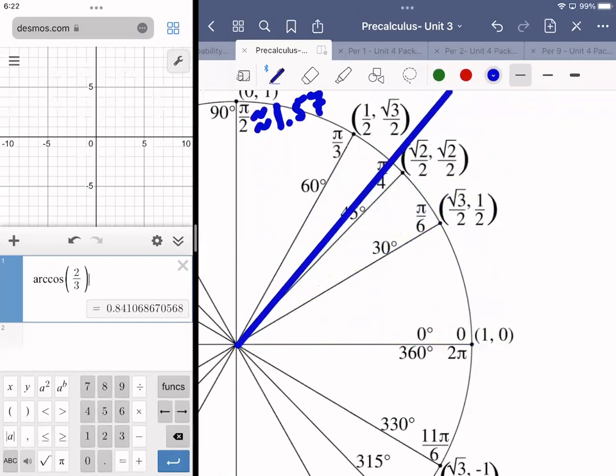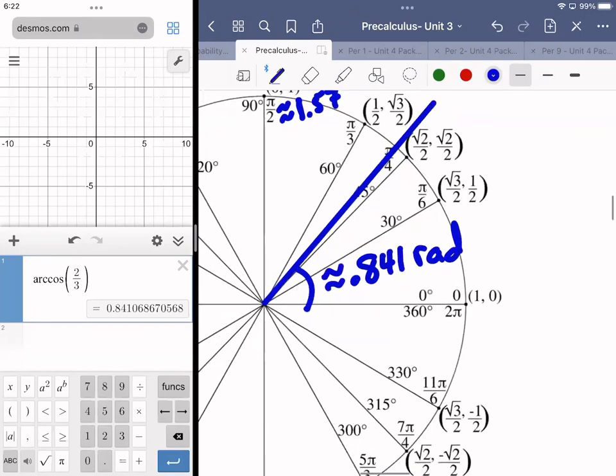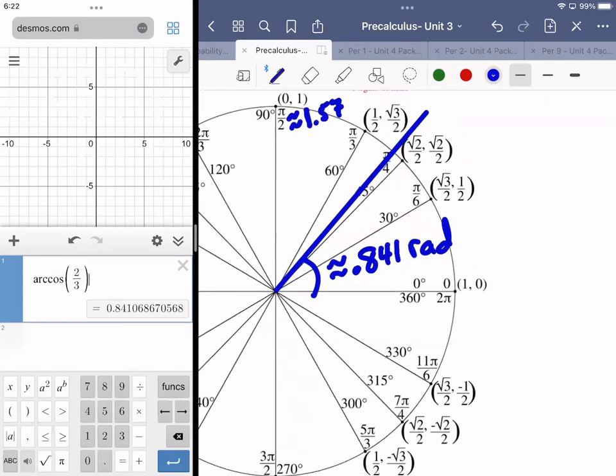I don't know where it is, so I'm just going to plop it, not there, because that's a particular value, but right there, for lack of a better place to put it. So we would say that this is about 0.841 radians. But I need that same reference angle in the fourth quadrant.